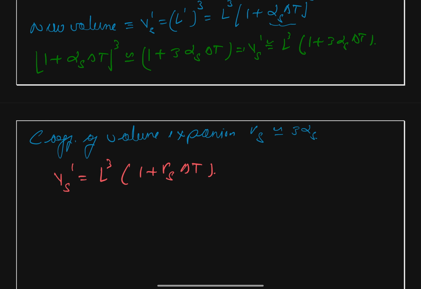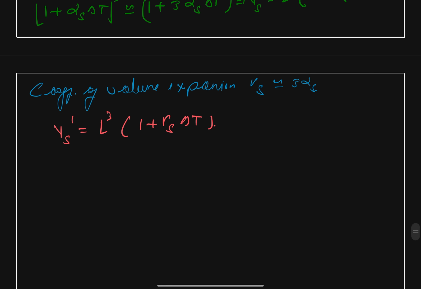Now we can find the new density because the mass is going to remain the same. So the new density, rho s prime, is equal to Ms upon Vs prime.